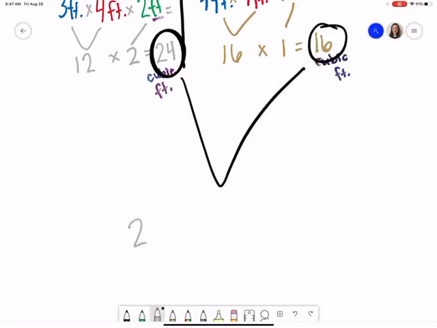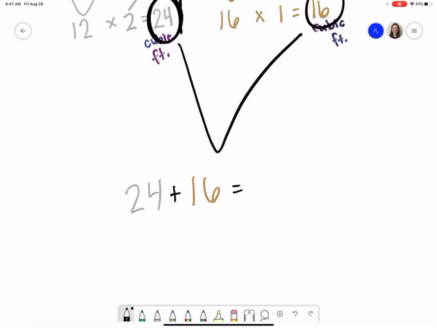So we're going to do 24 plus 16 equals, okay, I'm going to add my ones. 6 plus 4 is 10. Going to carry that 1. 2 plus 1 is 3, plus that 1 that we carried is 4. So now I have 40.